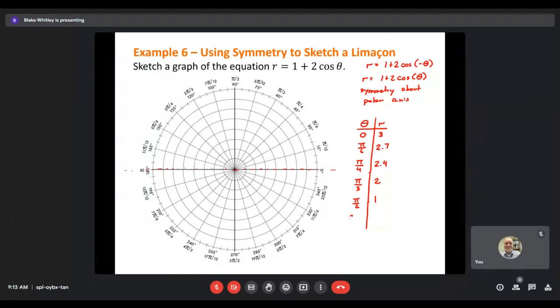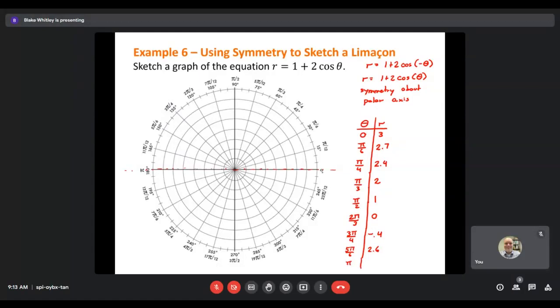So let's go to 2 pi over 3 next. That should be 0. 3 pi over 4, it's negative 0.4. 5 pi over 6, 2.6.